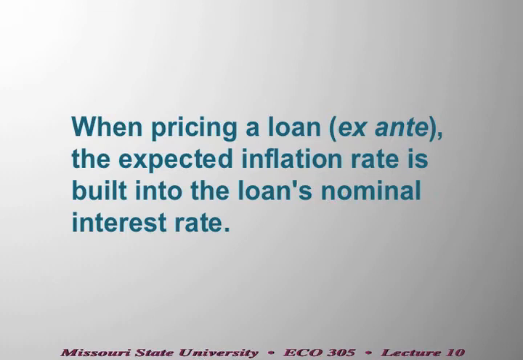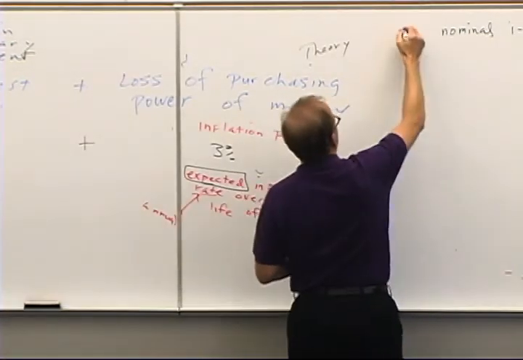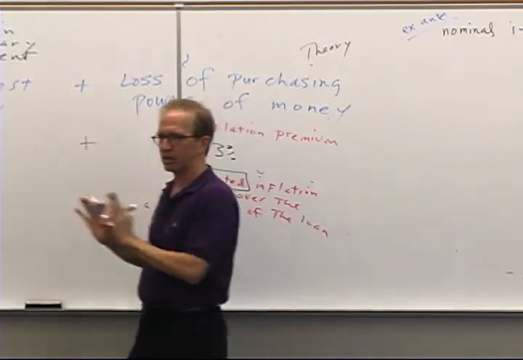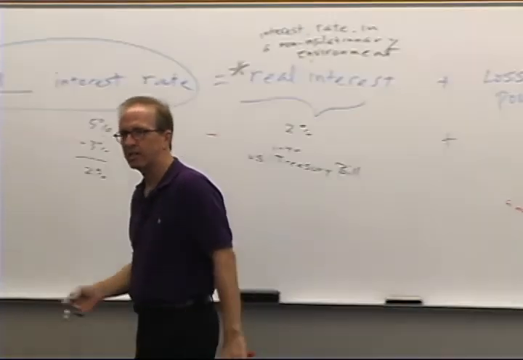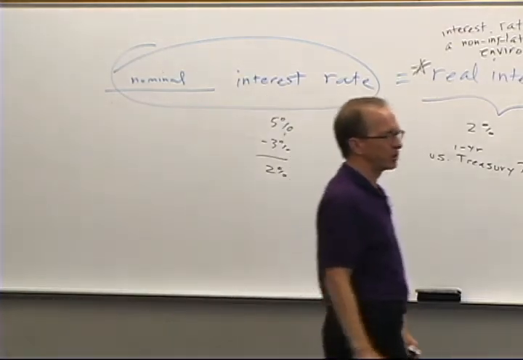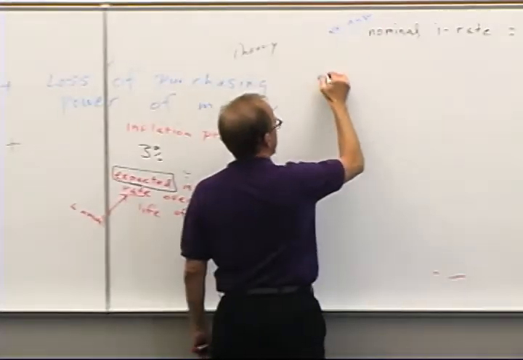Now, in practice, how this is applied is, and by the way, I used the term before, ex ante. Ex ante is before the fact, looking forward, forecasting inflation. What some people will do is look back. The ex post situation.